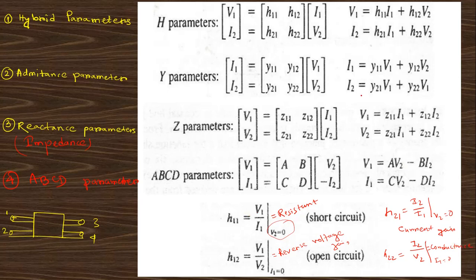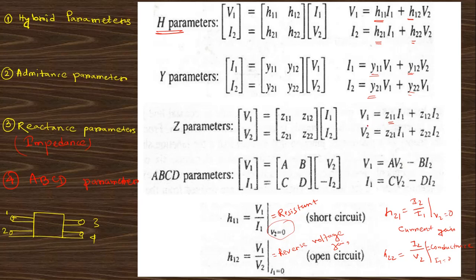So you can see these four parameters H11, H12, H21, H22 are different: resistance, conductance, current gain, and reverse voltage gain. That's why this is called hybrid parameter. Whereas here Y11 is I1 by V1, that is admittance, and Y12 is I1 by V2, also admittance. These four parameters are admittances, that's why this is called the Y parameter or admittance parameter. Whereas Z is V by I, that is impedance or reactance.